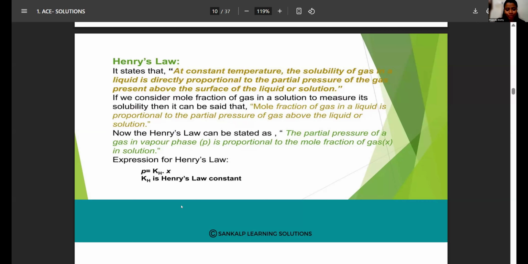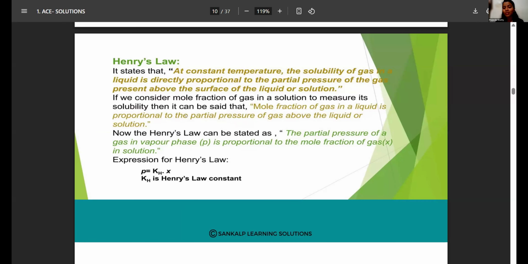Let's see what is Henry's law. This law states that at a constant temperature, the solubility of a gas in a liquid is directly proportional to the partial pressure of the gas present above the surface of a liquid, or you can also just say a solution. Okay, I'll read it again.